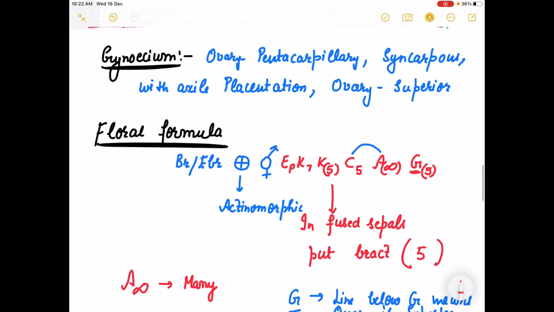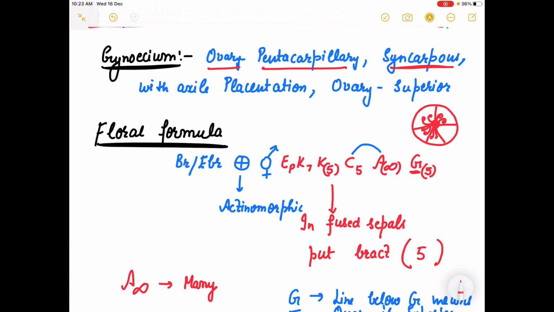Gynoecium, okay, gynoecium में ओवरी कैसी है? Pentacarpillary, 5 carpels. It is fused, syncarpous, and placentation is axile. Axile placentation means, that placentation in which if we have to draw the ovary, then placenta is present here in the center in the axial position, and here our ovules are present.